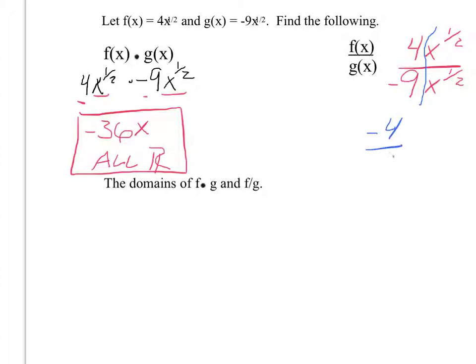Doesn't matter where the negative is, as long as it's there. X to the 1/2, x to the 1/2 on top and bottom, they're just going to divide each other out. So they're done, they're gone. So here's our answer. Now, with no x as part of our answer, we're just going to say that x can be anything. All real numbers.